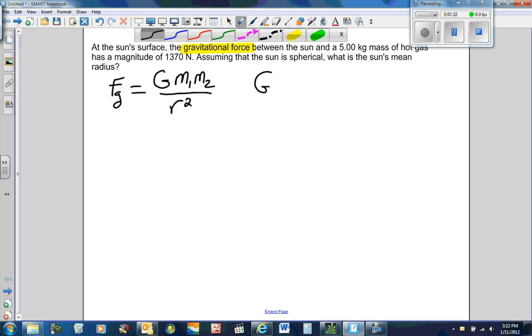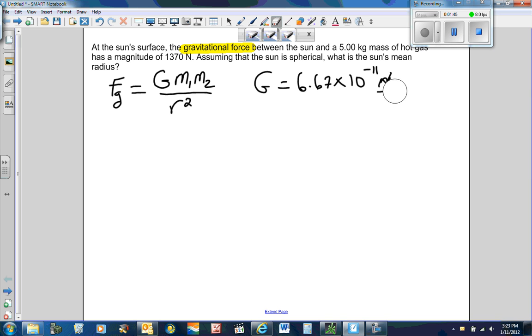G is equal to 6.67 times 10 to the negative 11th newtons times meters squared per kilogram squared. That's big G. All right?